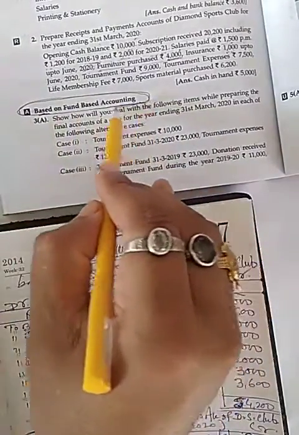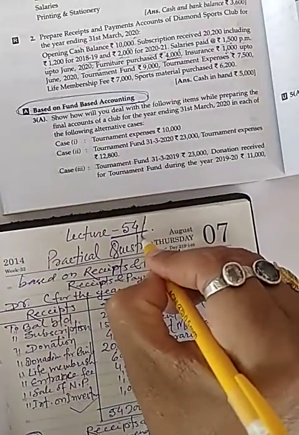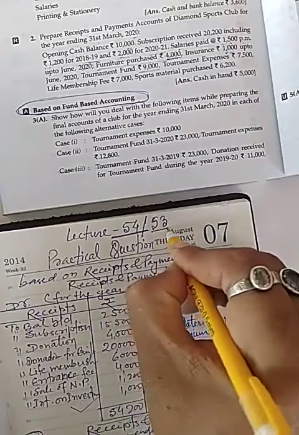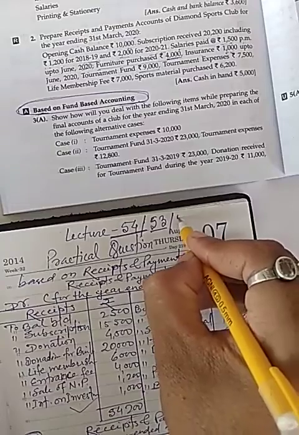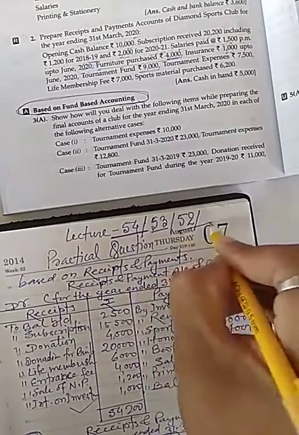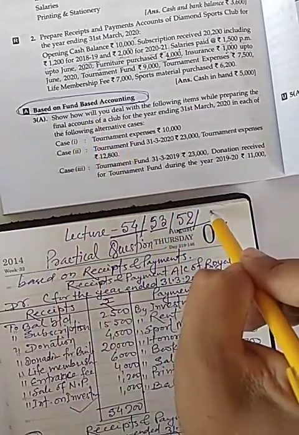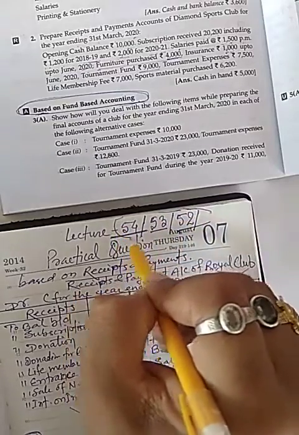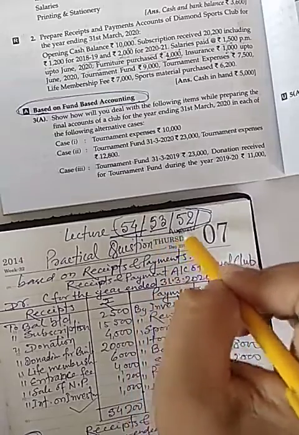You can see my lecture number 53 for calculation of subscription and 52 for fund based accounting. So you must watch lectures 52, 53 and 54.